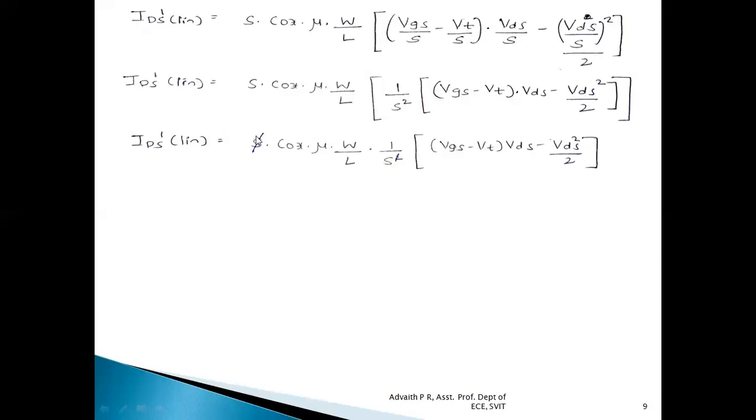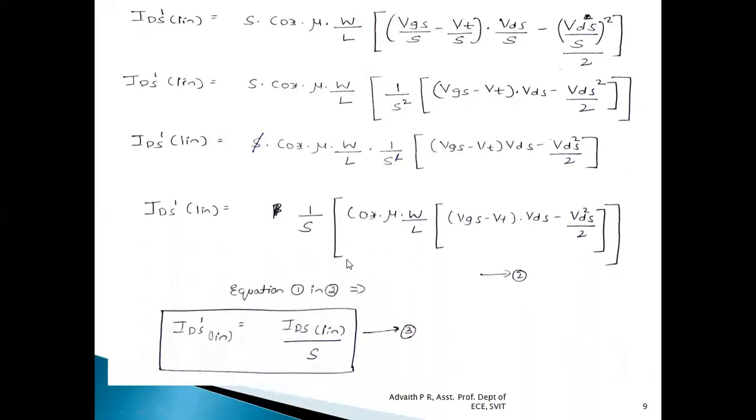The square and this S gets cancelled. So we'll be arriving at this particular equation. IDS dash linear will be equal to 1 divided by S into COX into mu into W divided by L multiplied by VGS minus VT into VDS minus VDS square divided by 2. I'll consider that as equation number 2.